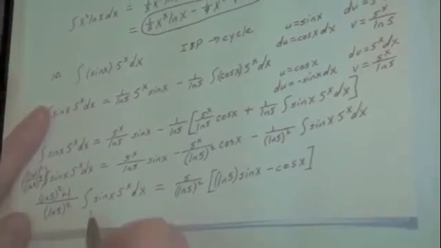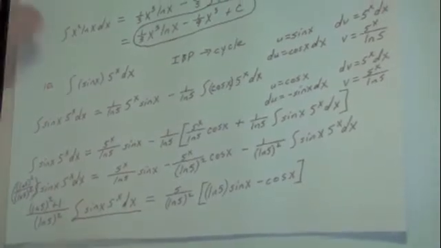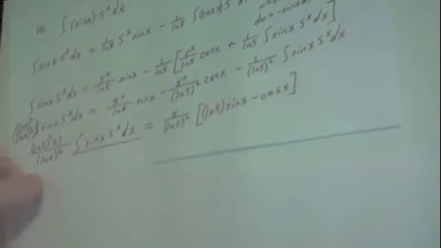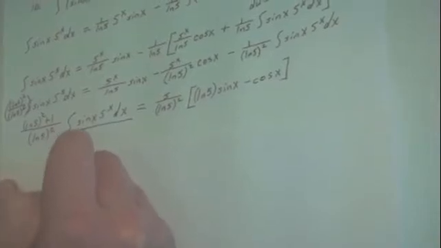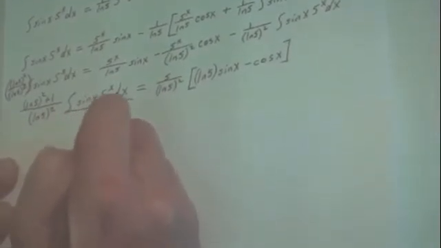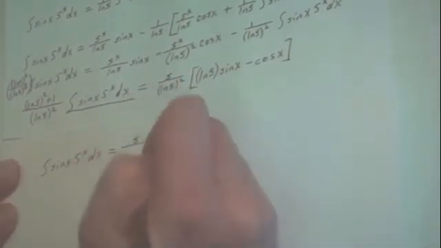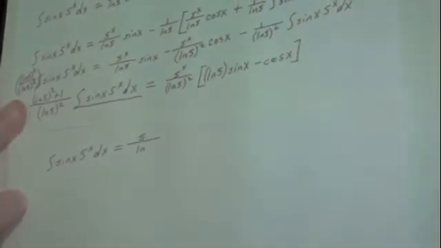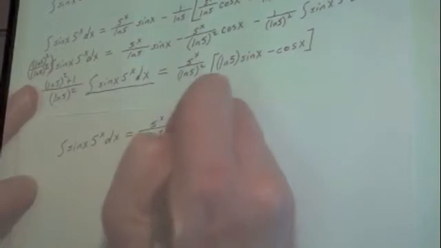So the goal to the end of the problem is to solve for your integral of sine of x 5 to the x dx. We know the integral of the sine of x 5 to the x dx is equal to 5 to the x, I apologize, 5 to the x over the natural log of 5 quantity squared.